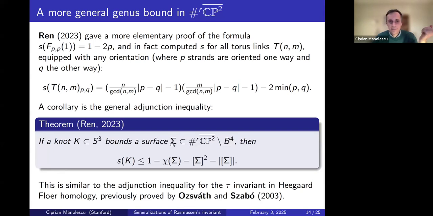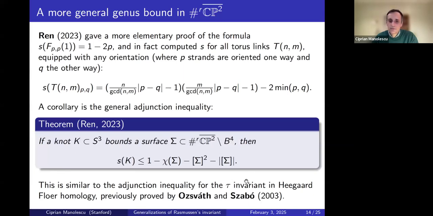So if they have any homology class, you get this kind of bound involving the Euler characteristic of sigma, the homology class squared, and the norm of this class. This lives in Z to the R, and you just sum the absolute values. So this is a general inequality for such surfaces.